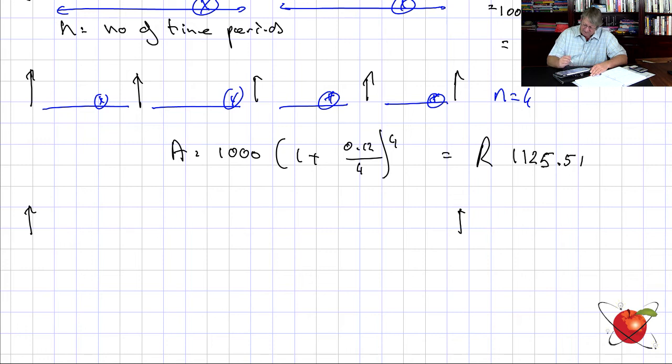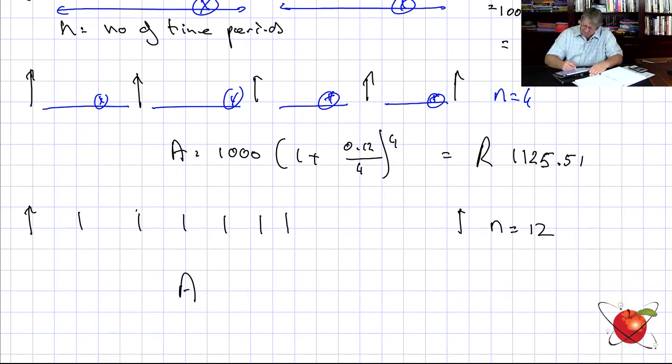Now, how many of these have I got? I've got every month. Okay, 1, 2, 3, 4, 5. I can actually open them up a little bit, but I don't have to draw each one. I think you get 1, 2, 3, 4, 5, 6, right? So n in this case is equal to 12 compounding periods.